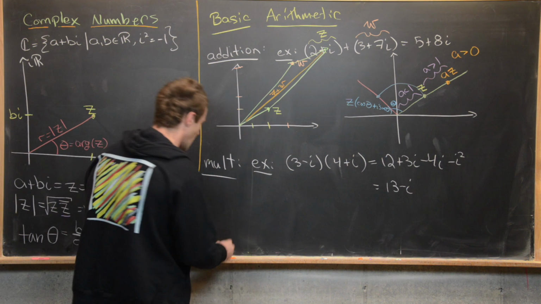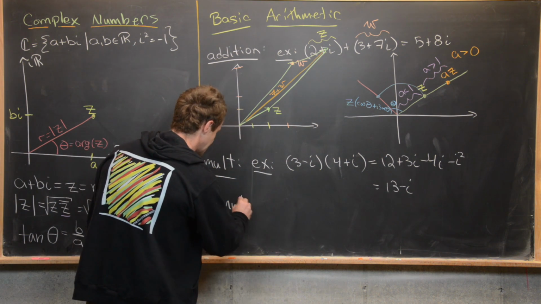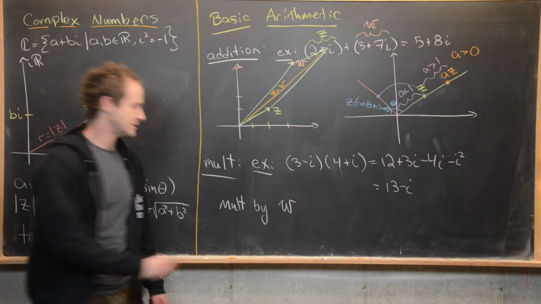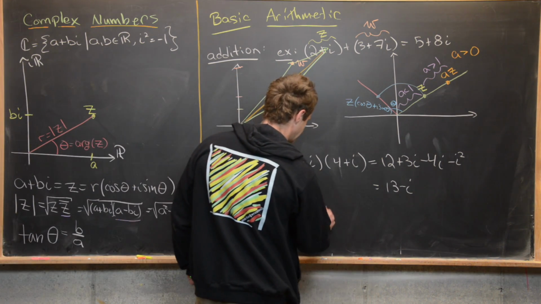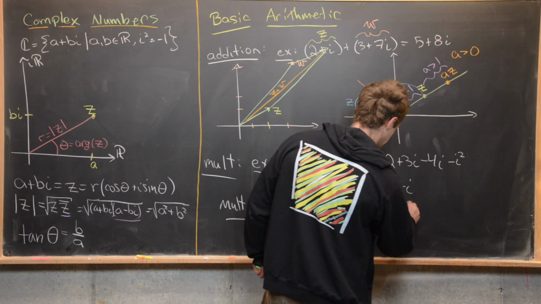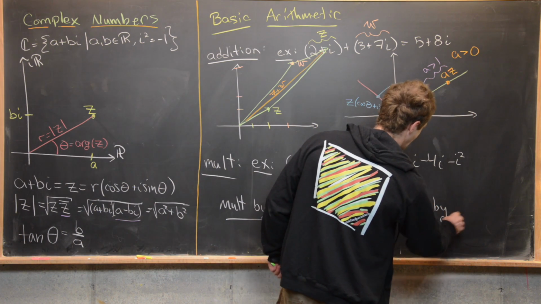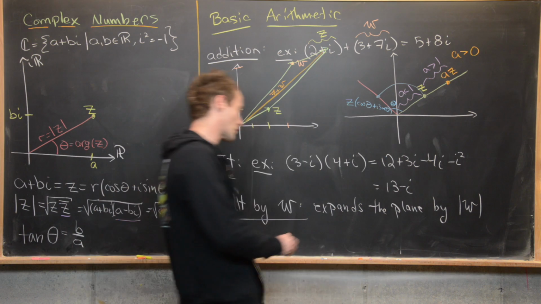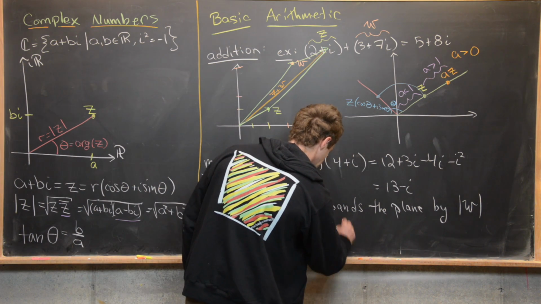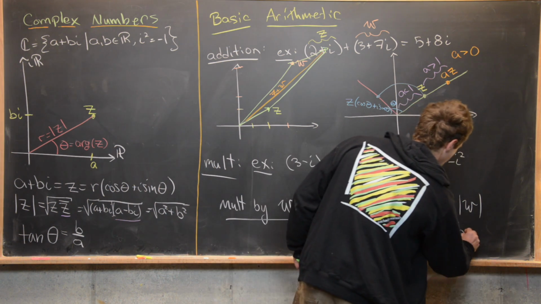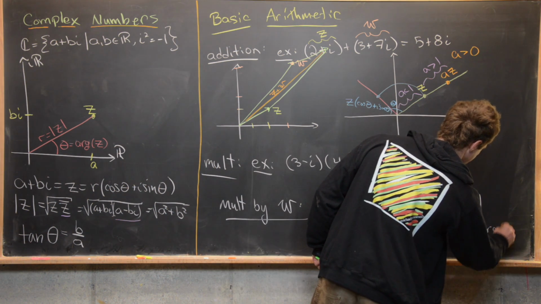Now we can put this all together to say that if we multiply by w, then that expands the plane by a factor of the modulus of w, and then it rotates counterclockwise by the argument of w.